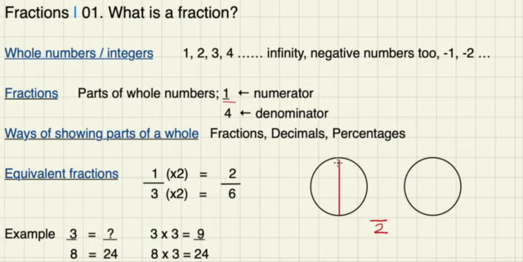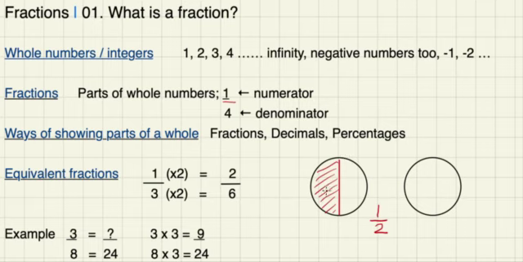So if we look at just one of these slices, and then I put a 1 on top, then this represents half a pizza, or half of whatever the quantity is.